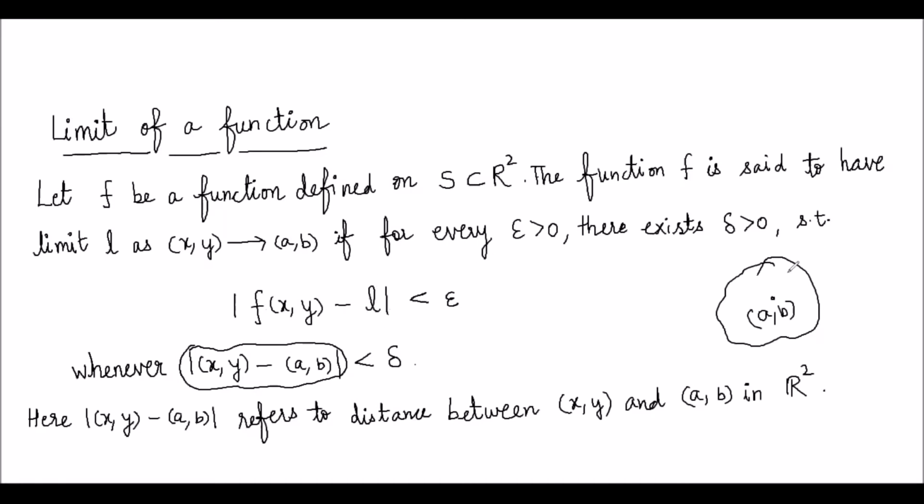Means when we approach this point and consider any point in this neighborhood, the difference between the limit and the value of the function at the points in this neighborhood will be less than epsilon. If it happens, then it means that the limit of the function at the point (a, b) exists.